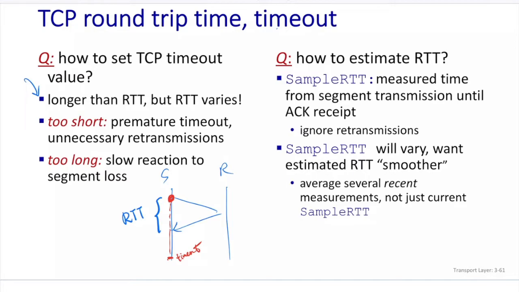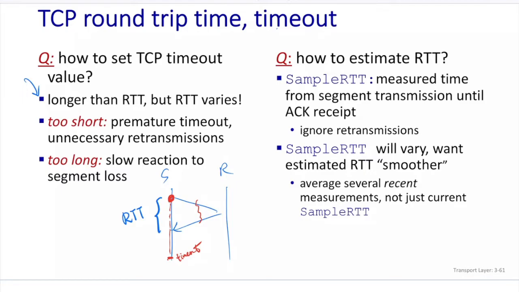But there are lots of routers between sender and receiver. So we don't know what the transmission delay is, what the queuing delay is, what the processing delay is, and we cannot even estimate the propagation delay between the sender and receiver, because there are a lot of routers, right?